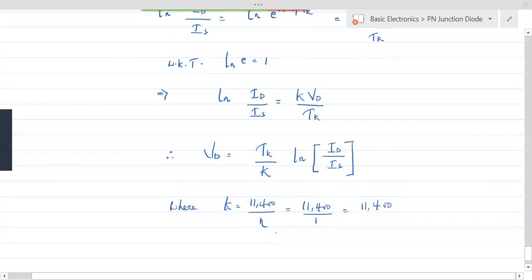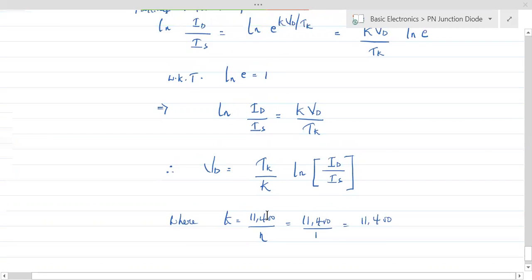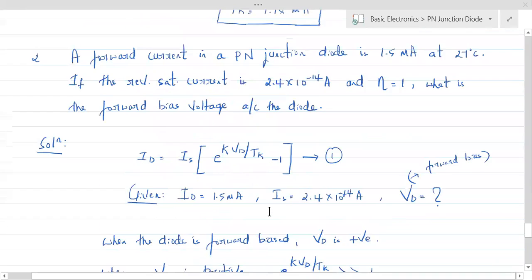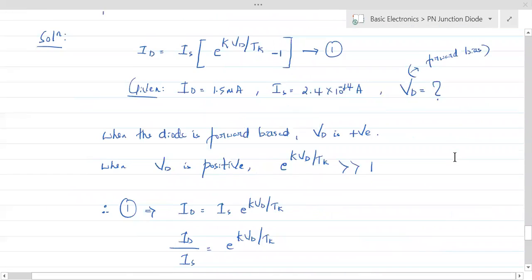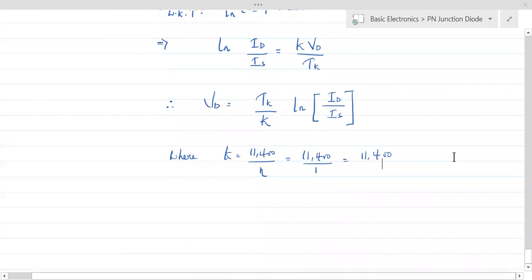Then what else needs to be understood? TK is there, right? Have they given us degree Celsius or degree Kelvins? They have given us 27 degrees Celsius. So Tk needs to be found out also. Tk is equal to 27 degrees Celsius plus 273, that would give you 300 Kelvins.